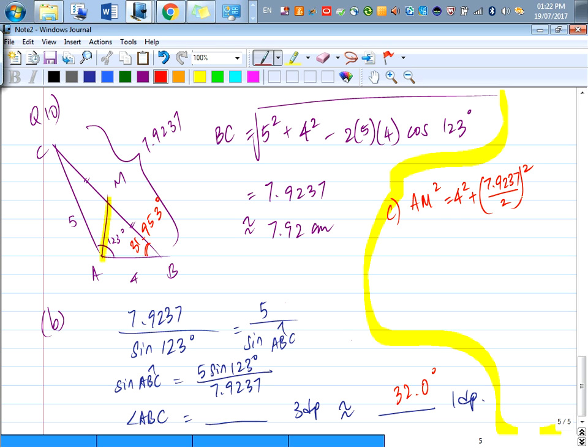Okay, this square plus this square minus 2 times of 4 times 7.9237 over 2 cosine 31.9253. That is our value of AM square. Then you can find AM by taking square root 5SF, then round it off to 3SF. Okay?